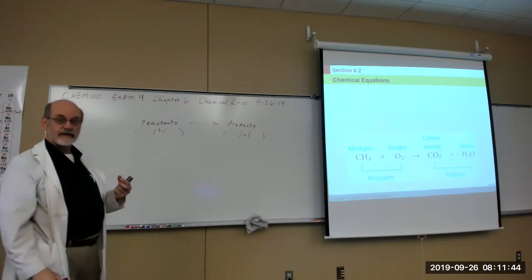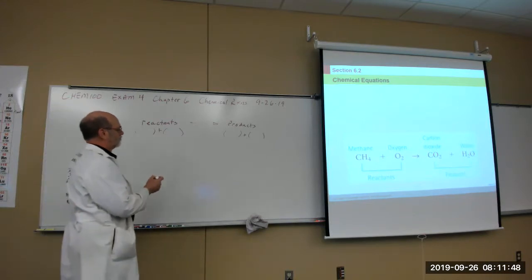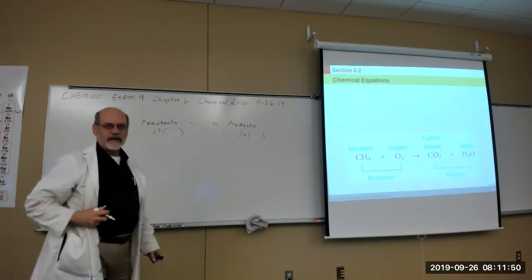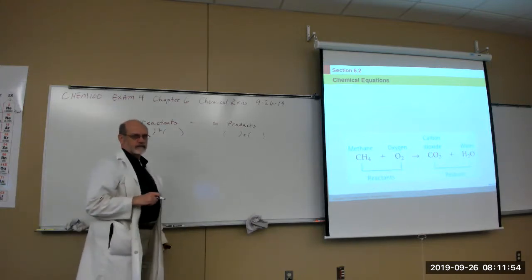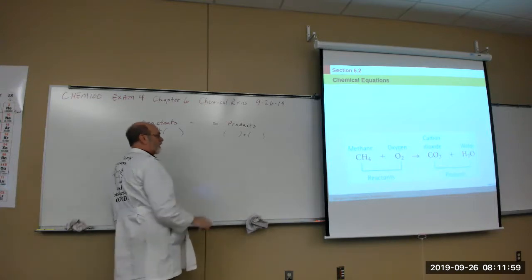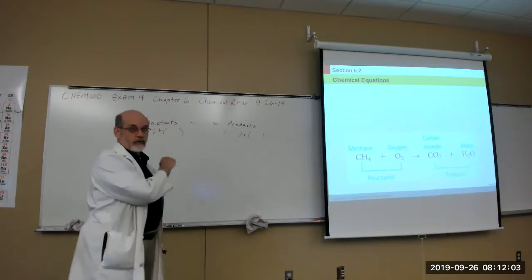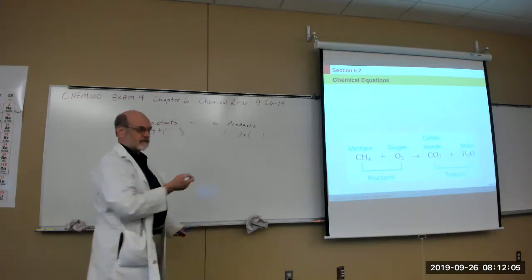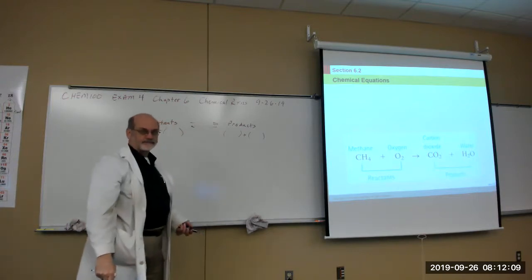Is the arrow usually the universal thing for a chemical reaction? That's what we use in chemistry. Yeah, we just use the arrow. We never use an equal sign. It's always an arrow, because an arrow indicates going that way. Now, if we want to indicate that there's a possible reverse reaction, then we just put an arrow in the other direction.